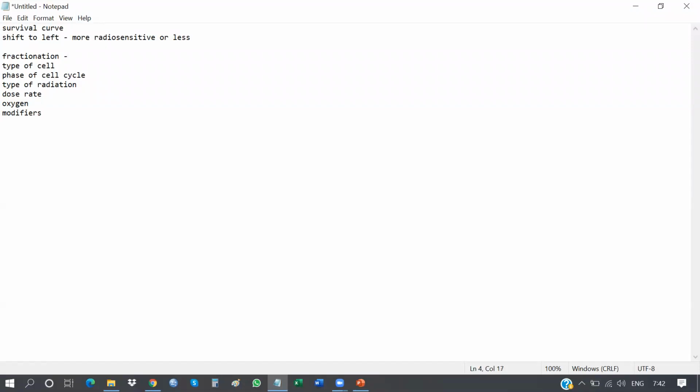Now tell me, what is the impact on the cell survival curve for fractionation? Will it shift to the right or left? This is under the assumption that all this is happening for photons or X-rays.